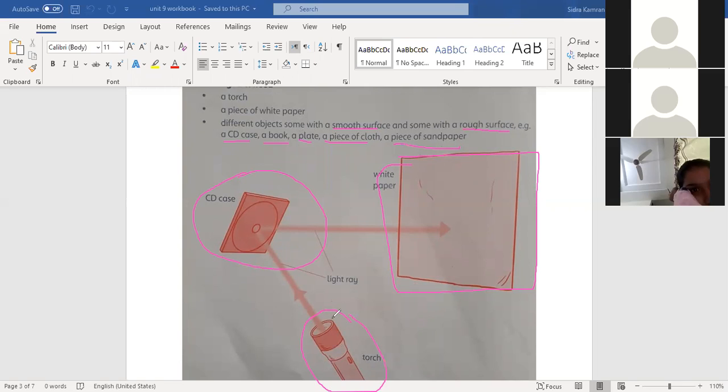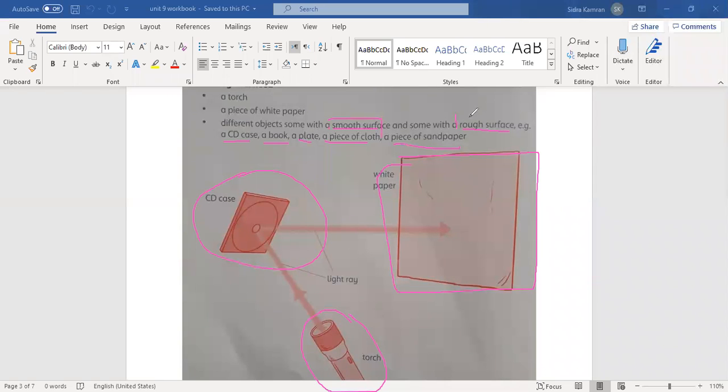Switch on the torch and shine it towards the object; light rays hit the object and are reflected back. Observe the reflection of light on smooth surfaces and rough surfaces.